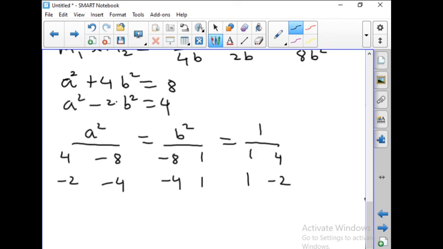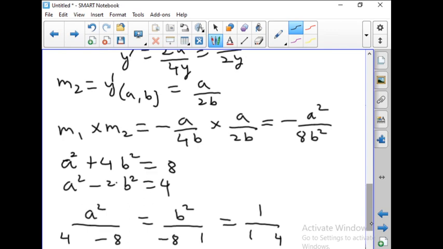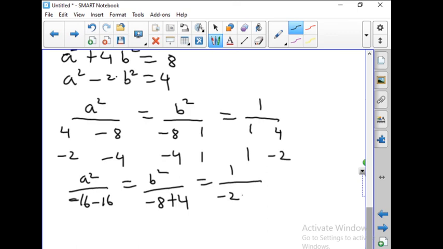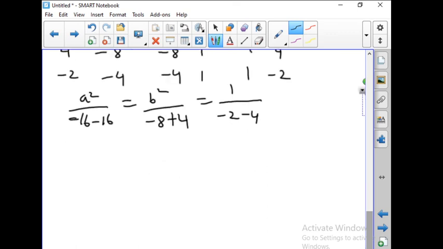So consider the first two now. What is this? a square by minus 16 equal to b square by minus 8 plus 4, equal to 1 by minus 2 minus 4. What we need is a square by b square, so you take only these two.